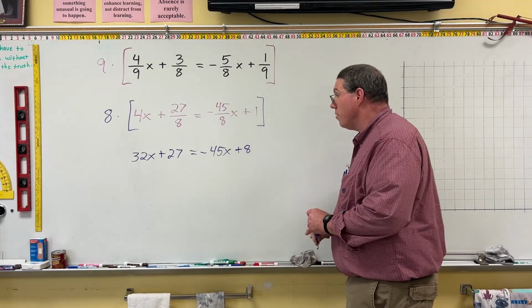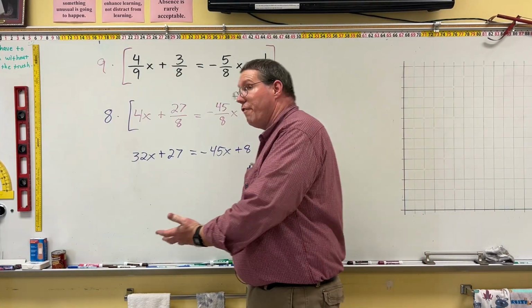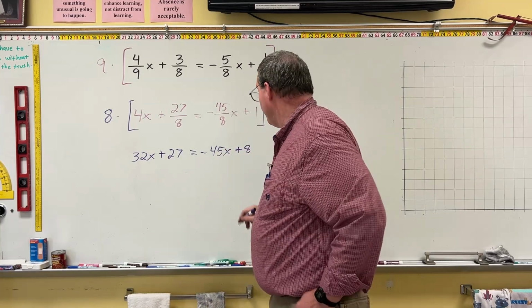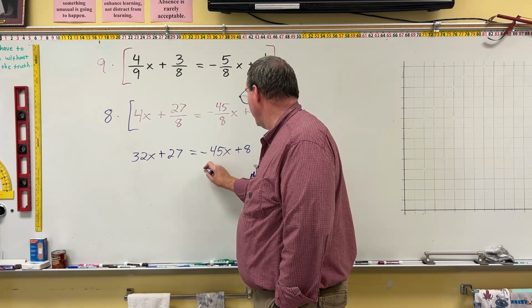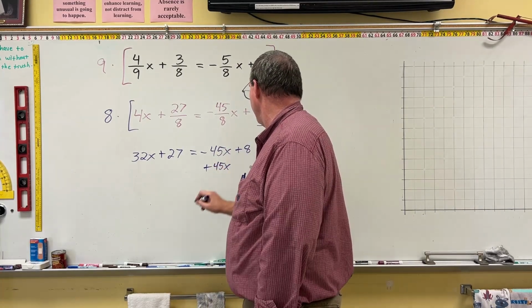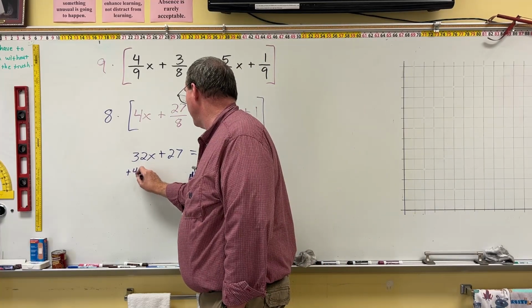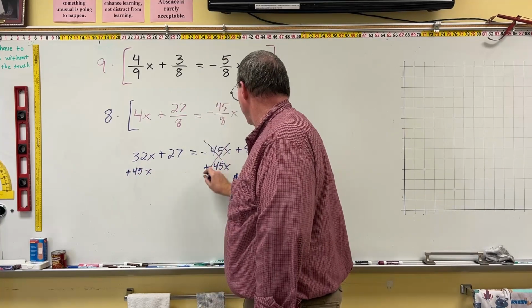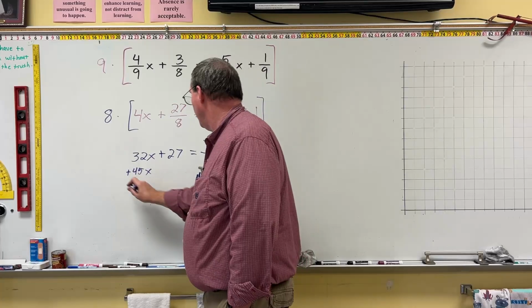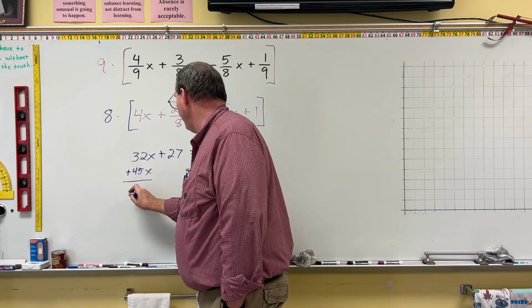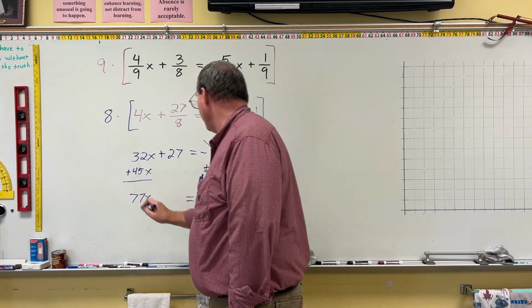And now this looks just like one of the very first ones we did in the previous video. And so what we're going to do is we're going to add 45x here, add 45x here. It's going to cancel over here, bring down the equal sign. 32 plus 45 is 77x.